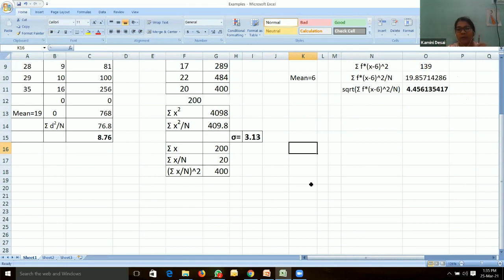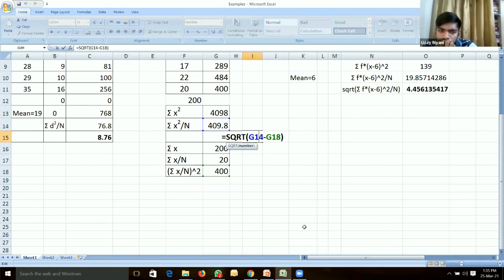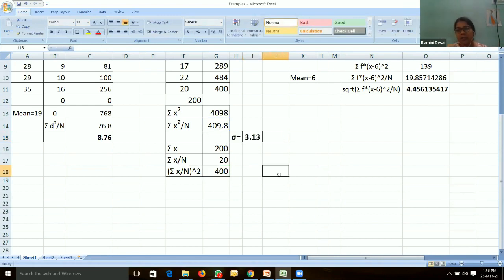Sigma is equal to 3.13. So we have done square root of this term minus this term. Because the formula is square root of summation x square divided by n minus, in the bracket, sum of x divided by n whole square. So second term is 400 and first term is 409.8. So sigma is equal to square root of 409.8 minus 400. So answer is 3.13.